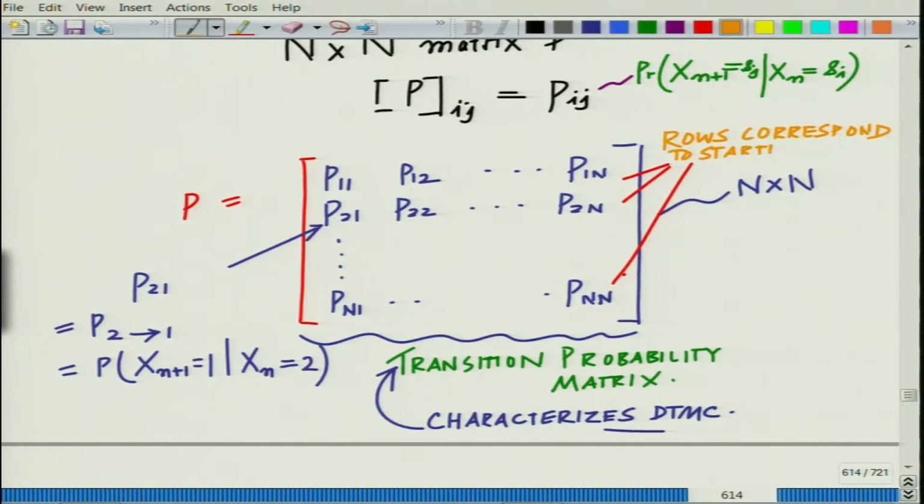Rows correspond to the starting states, and columns correspond to the ending states in the transition.